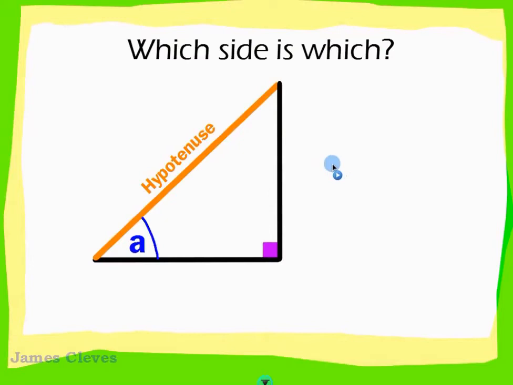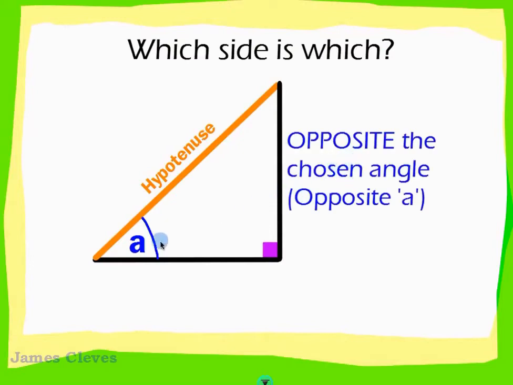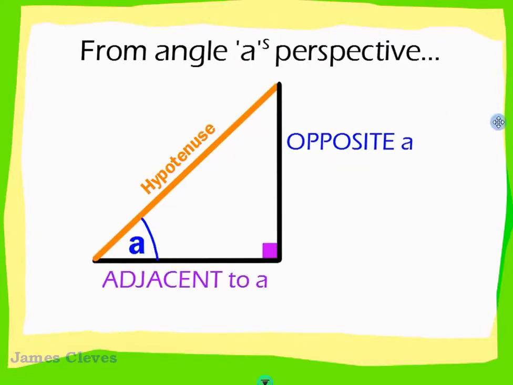This side, which is directly opposite the angle, if you look at that straight line going here, is opposite the angle, so we call it the opposite side. This side is adjacent or next to the angle, so we call it the adjacent side. Adjacent just means next to.